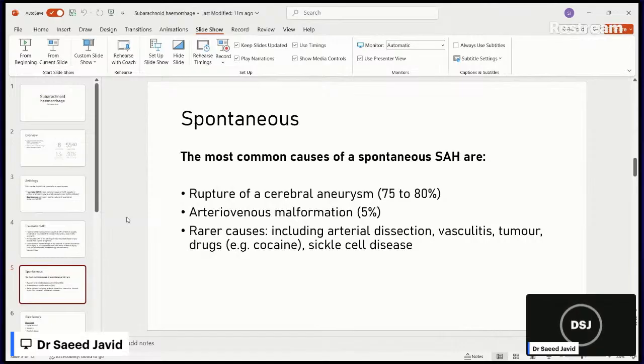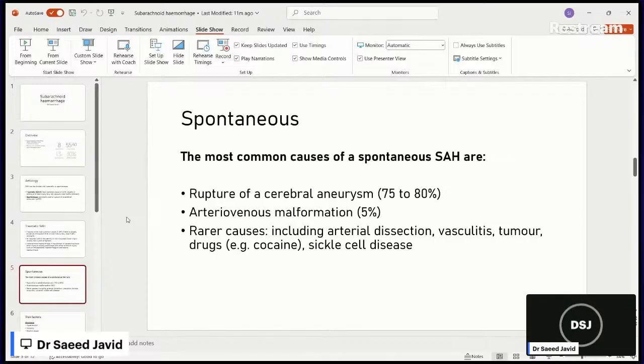So an aneurysm is basically an abnormal dilatation of a blood vessel, typically by more than, we say, 50% of normal diameter. Aneurysms can happen anyway, and the approximate prevalence of intracranial aneurysms in the adult population is around 3%.